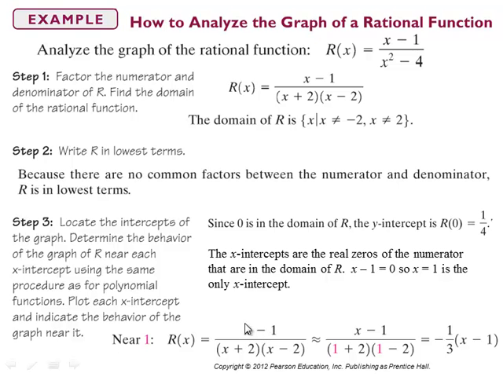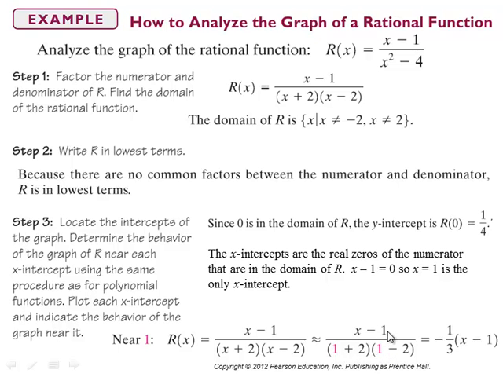So the x minus 1 is what produced that intercept, that 0. So replace x everywhere else except in the x minus 1 factor. Replace x by 1 everywhere else in the function. And that's what we're doing here.